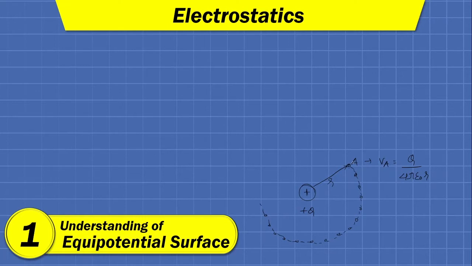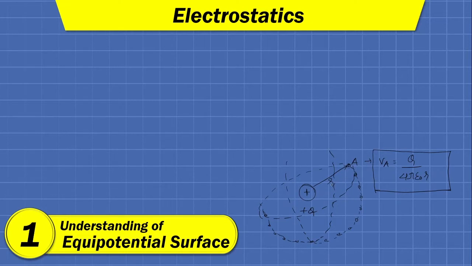Now imagining the same case in three dimensions, we can have a sphere of radius r, and all the points on this sphere are at a distance r from this point charge plus q, and the value of potential at each and every point of this sphere is the same, q divided by 4 pi epsilon naught into r.